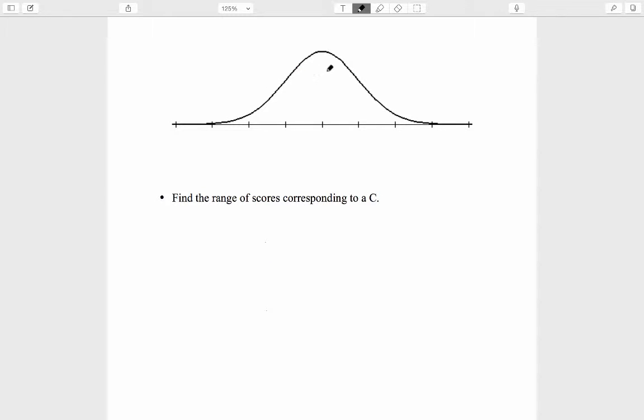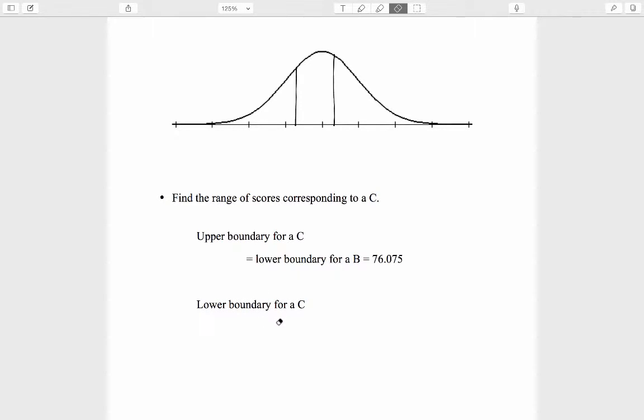To find the range of scores corresponding to a C, first notice that the upper boundary for a C equals the lower boundary for a B, and that's 76.075. Furthermore, and this is what's new, the lower boundary for a C equals the upper boundary for a D. In standard deviations, that was at 0.75 standard deviations below the mean, so we compute 74 minus 0.75 copies of our measuring stick, and that brings us down to 67.775.